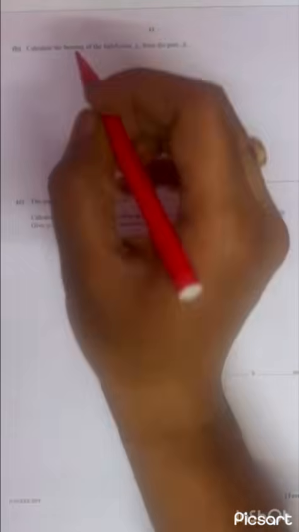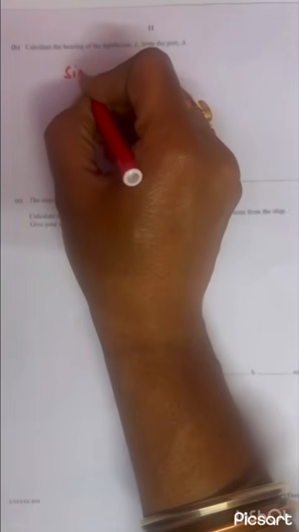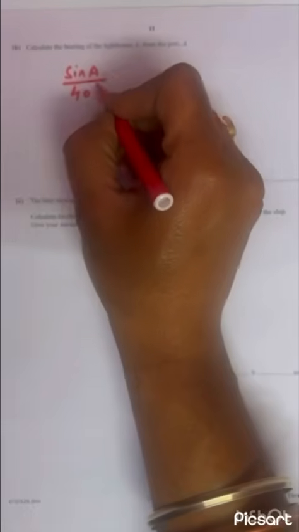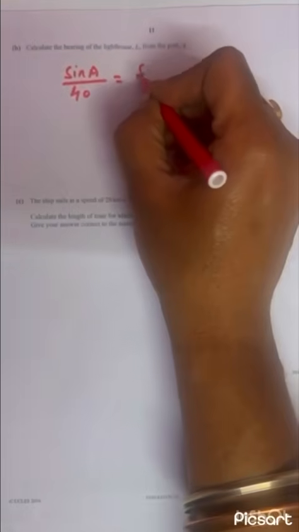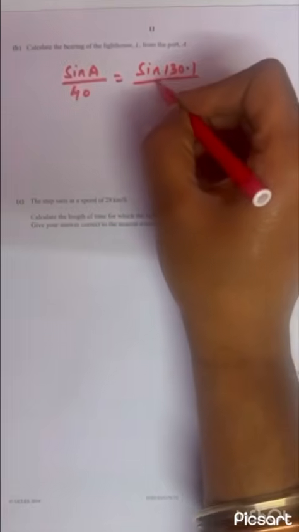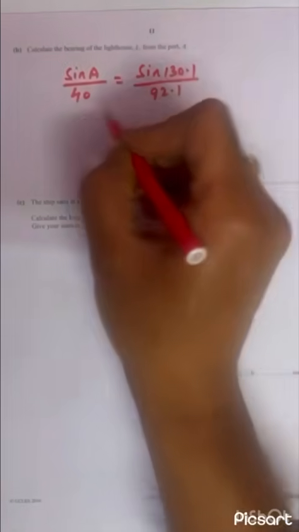For this I will simply use the sine rule: sine A upon 40 is equal to sine 130.1 divided by 92.1.